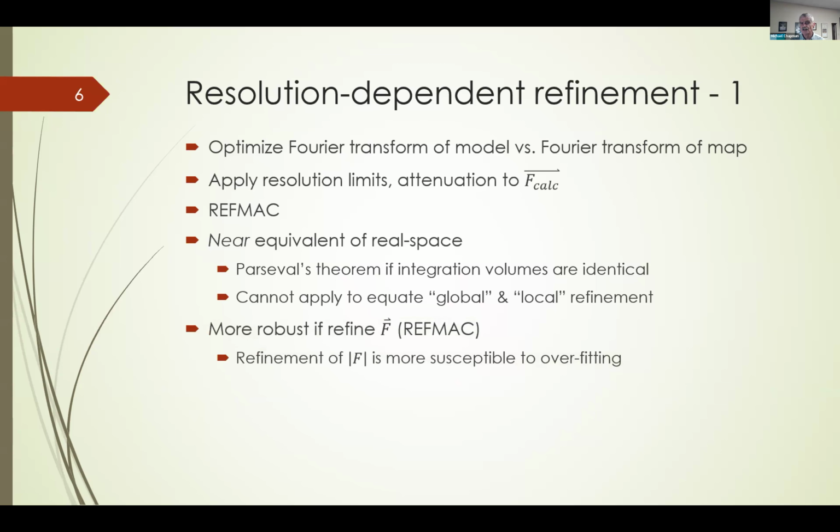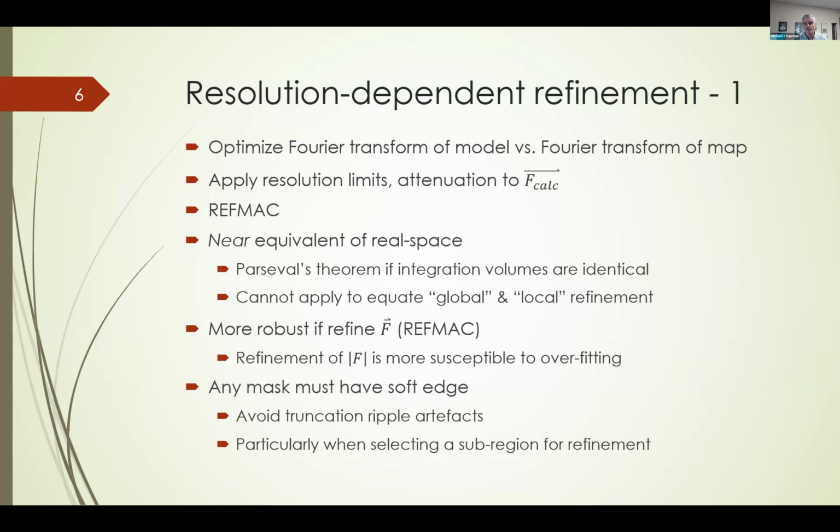Now, this is mitigated in RefMac, where structure factors in the complex plane are used, and this thereby brings in the phase information. A second issue is that electron microscopy structures tend to be large and sometimes symmetrical.